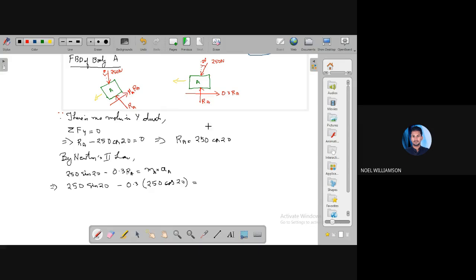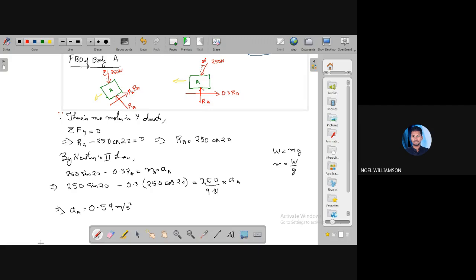So what is W? W equals m into g, so m equals W by g. So here it is 250 by 9.81, this is m into aA. So from here you will get the value for aA as 0.59 meter per second square.